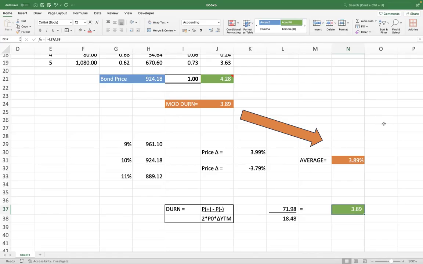Divided by P0, percentage change in the price. Percentage change in the price divided by percentage change in the yield. What does that become? Duration. The only difference is here we have taken the average percentage change in the price.